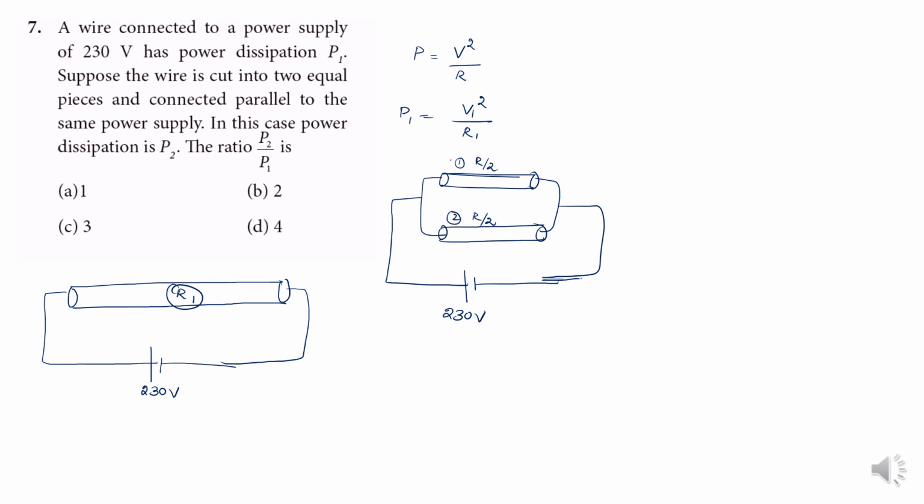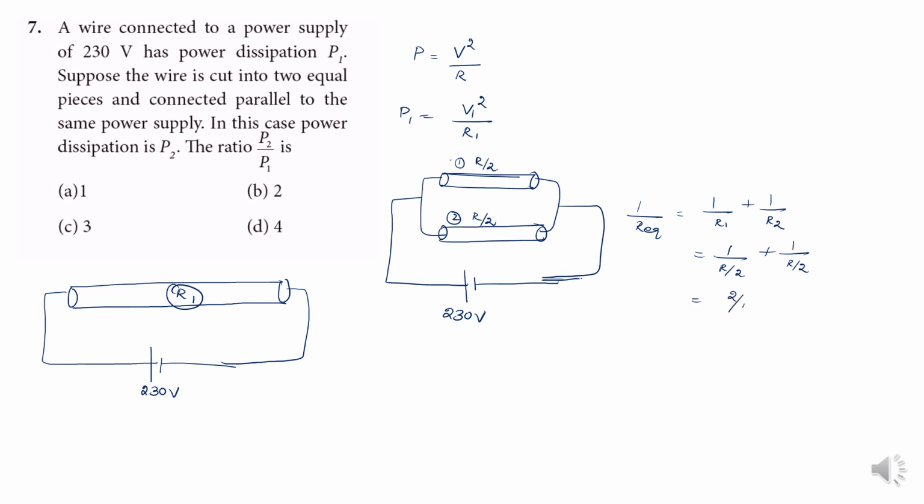When resistances are connected in parallel, the equivalent resistance is given by 1 by R equivalent is equal to 1 by R1 plus 1 by R2, which is here 1 by R by 2 plus 1 by R by 2.